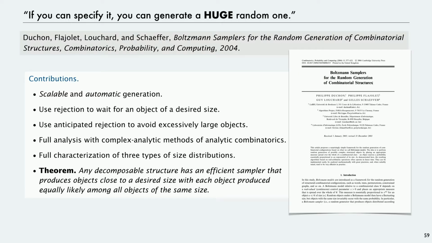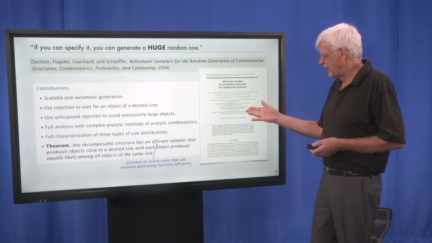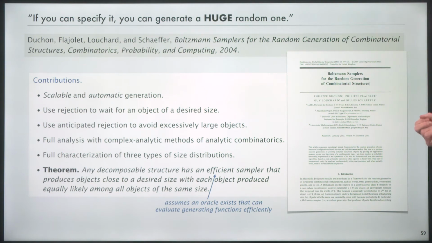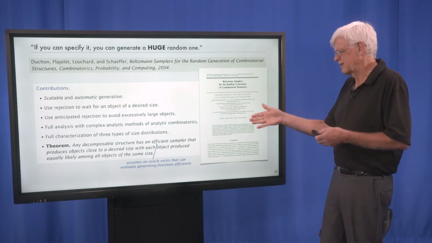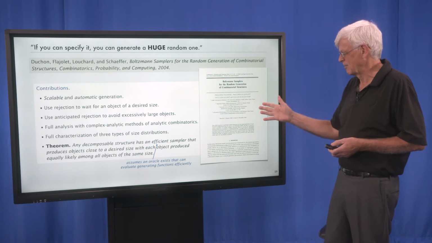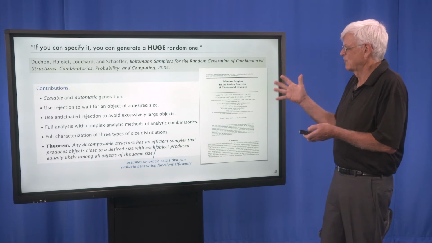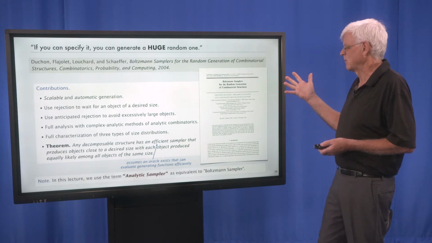And there's a theorem that says that any decomposable structure has an efficient sampler that produces objects close to a desired size, with each object produced equally likely among all objects of the same size. We have to modulate the term efficient a little bit because the paper assumes that there's an oracle that can evaluate generating functions efficiently. And that can be a stumbling block in some modern implementations. But still, this is an extremely important and significant paper.